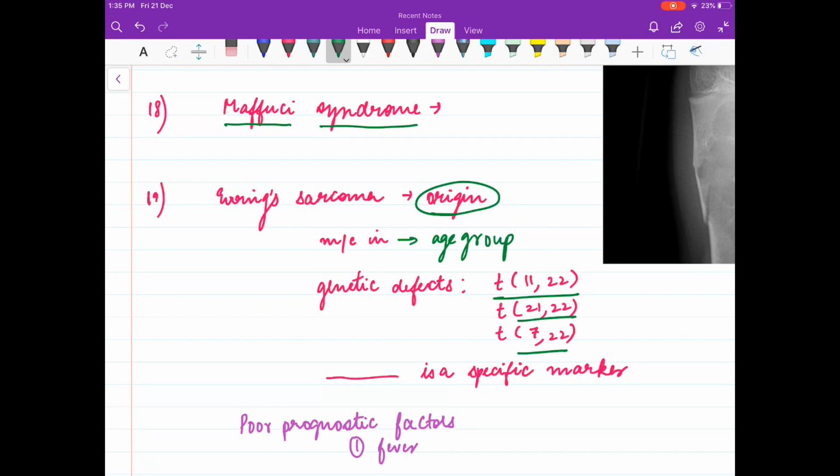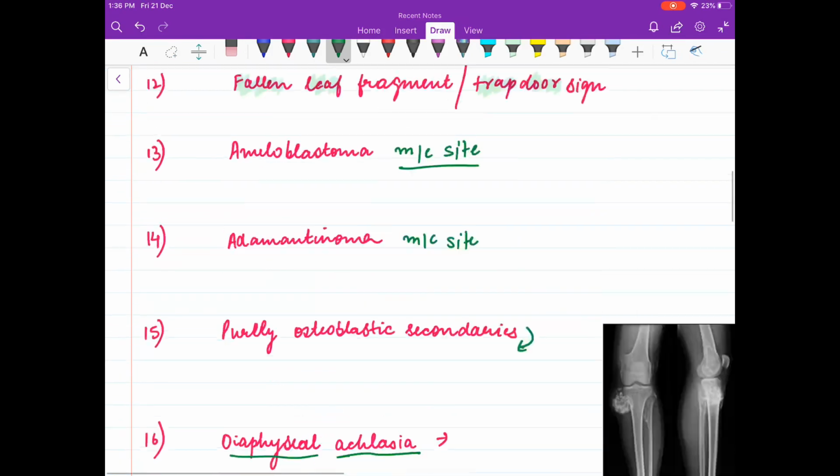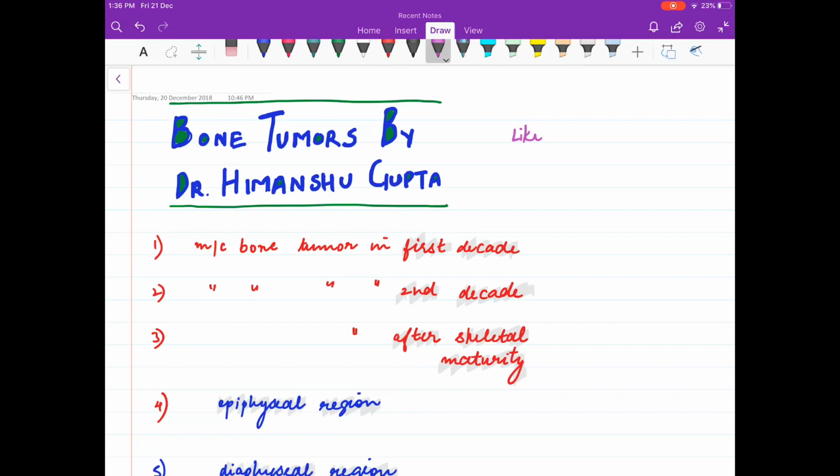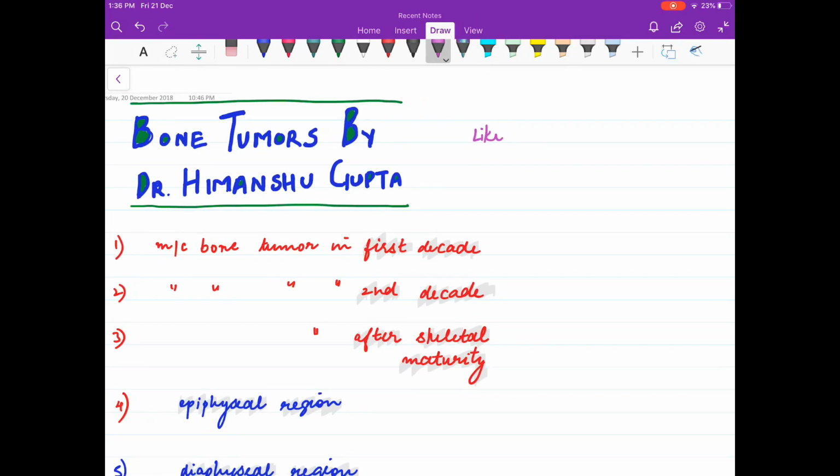Now we will discuss the answers. The most common bone tumor in the first decade is Ewing sarcoma. The most common tumor in the second decade is osteosarcoma.